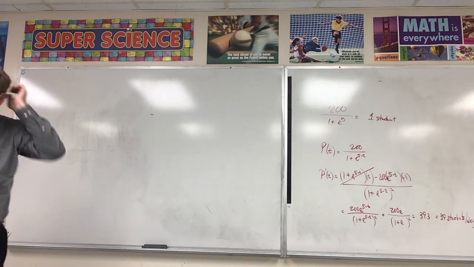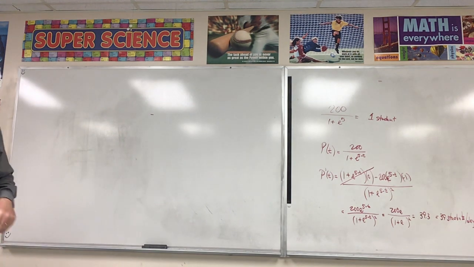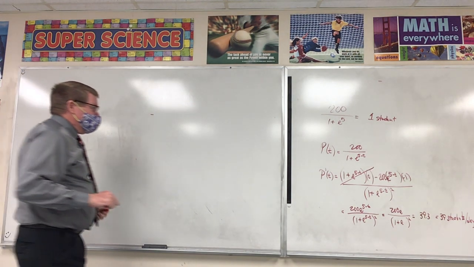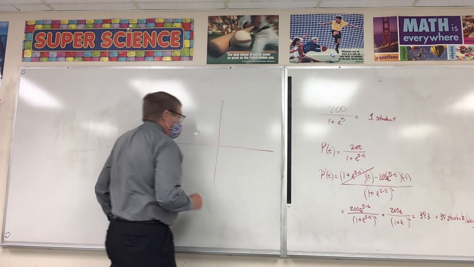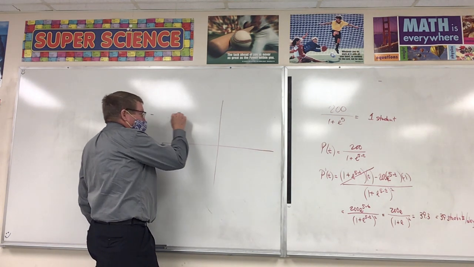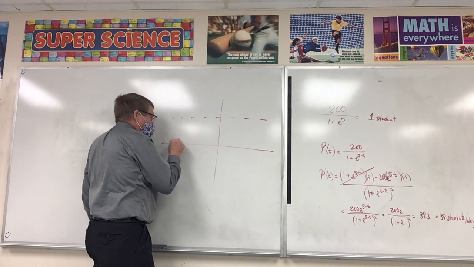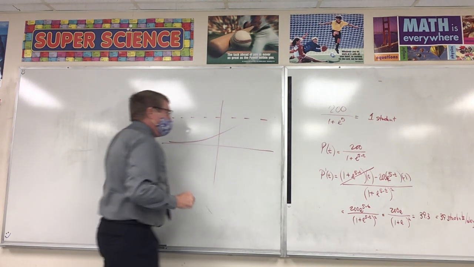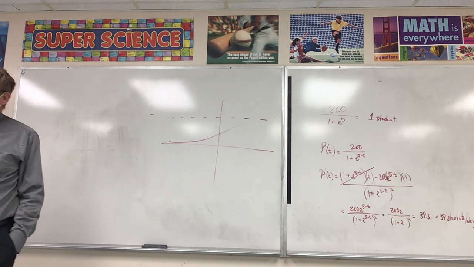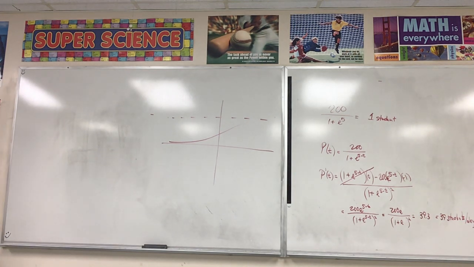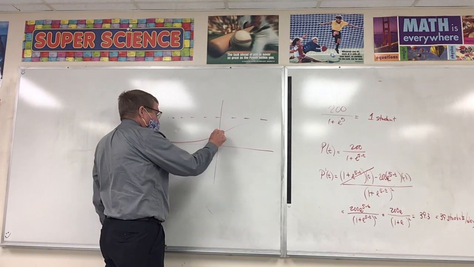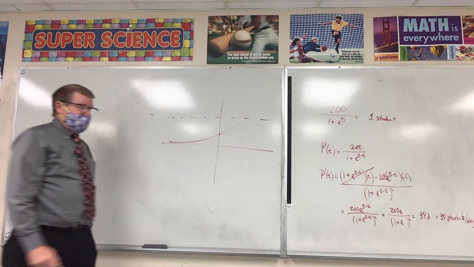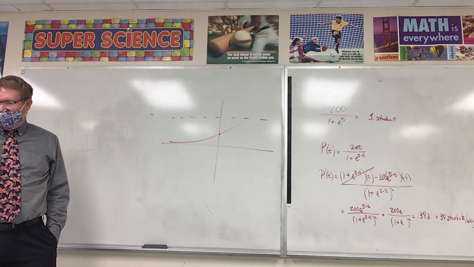Now remember, 200 over 1 plus e to the 5 minus t is what type of function? The logistic function. All right, so here's my normal logistic function, and here's where it is spreading the fastest.